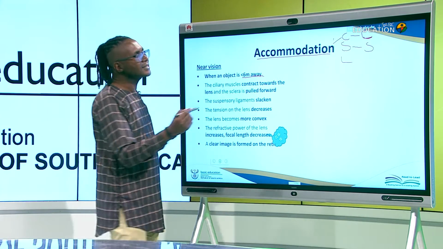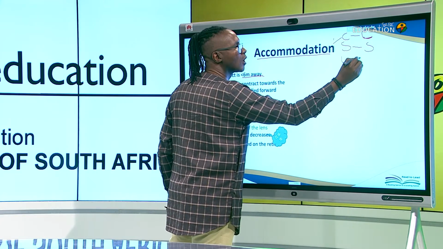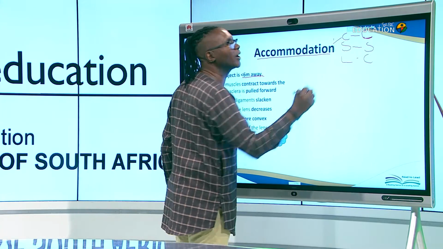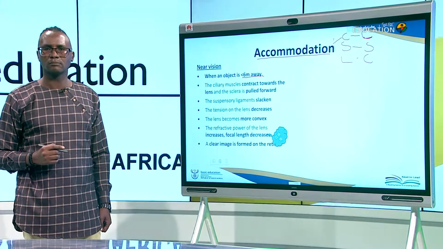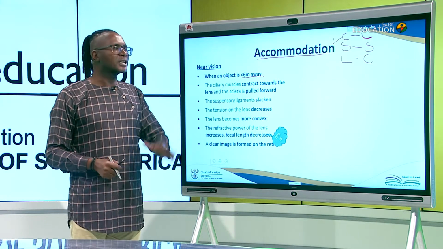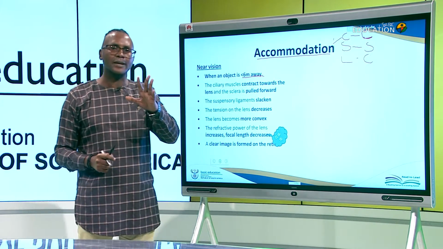Then this lens becomes convex, more rounder. So it's very important to remember that.